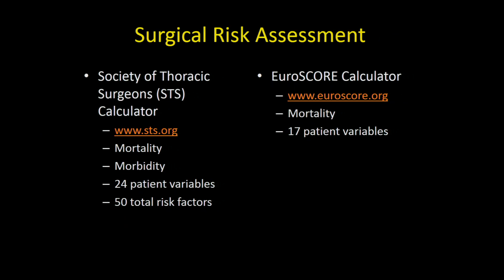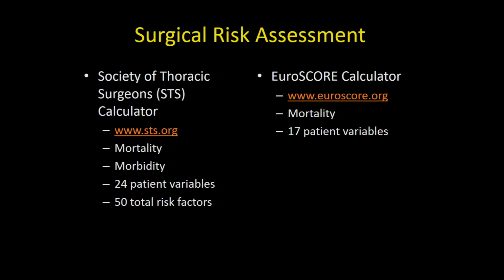When we look at our patients now, we try to estimate the risk of having a surgical operation. I talked about transcatheter valve replacement being an option for people who are inoperable, high risk, or intermediate risk, and how we're making that calculation before they get to the OR using two estimates of risk. The most commonly used one here in the United States is the Society of Thoracic Surgeons calculator.